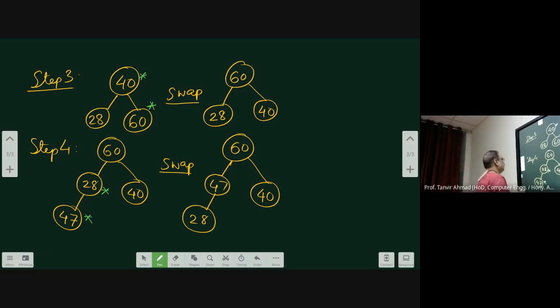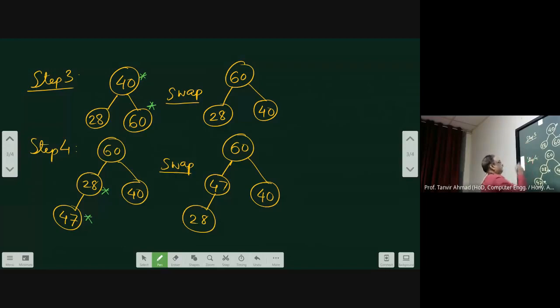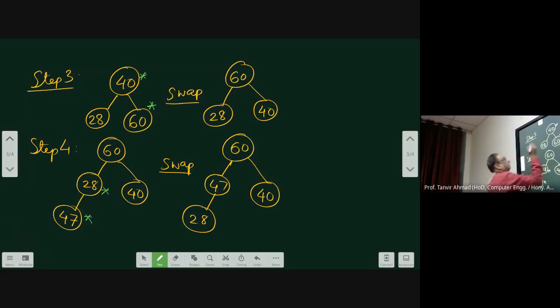Now, the fifth step, I am going to put 10, 90. Therefore, in that case, you are going to put a step 5. You will just bring this.